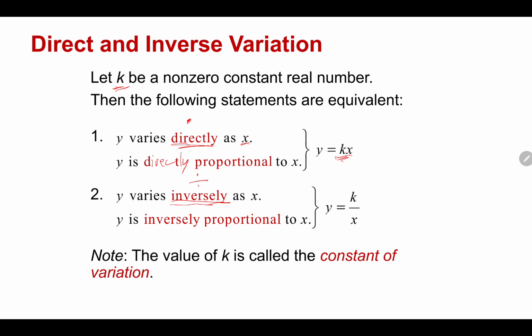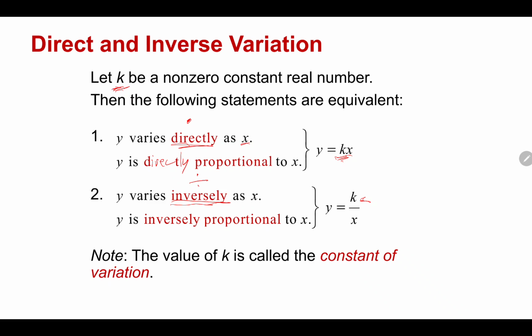So y varies inversely as x, so y is equal to k over x, right here. And k is our constant real number, non-zero real number. Y is inversely proportional to x is another way to say that. And it means the same thing. It means we're doing this division.